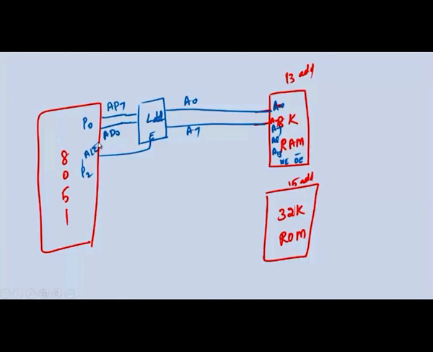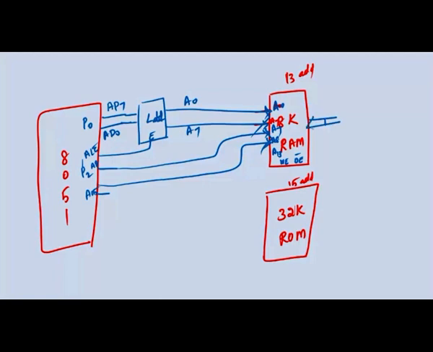Then the remaining signals, A8 to A15, are available from port 2. Only 13 signals are required, so I will connect those. Now the complete address lines are connected.